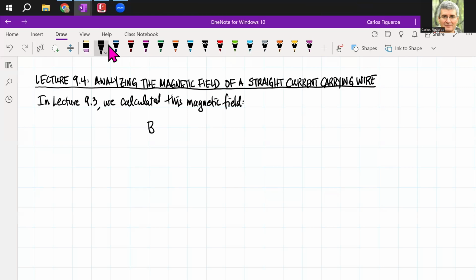The magnetic field of a finite wire was equal to mu naught I divided by 4 pi, times the square root of z squared plus L squared, into 2L. That's what we calculated. But because the video was getting so long, I broke off step 5.